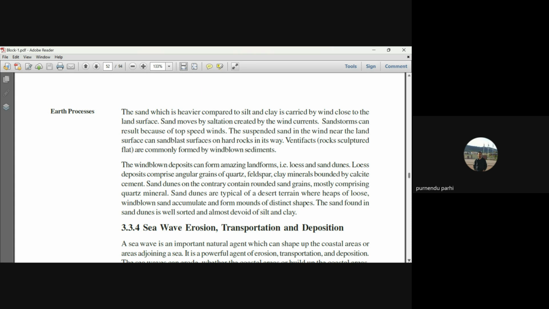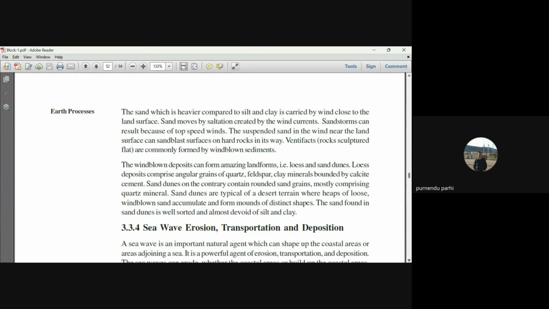The wind-blown deposits can form landforms such as loess and sand dunes. Loess deposits comprise angular grains like quartz, feldspar, and clay minerals bound by calcite cement. Sand dunes, on the contrary, contain rounded sand grains, mostly comprising quartz mineral.